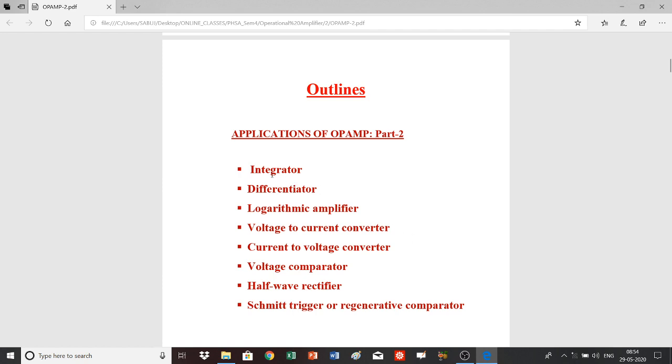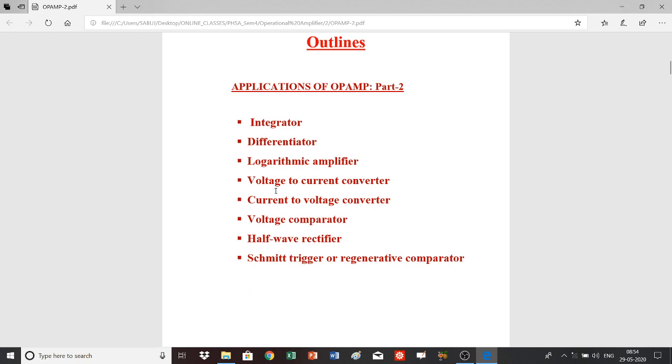First, we will discuss the application of OPAMP as integrator, then its application as the differentiator, then logarithmic amplifier. After that, we will learn how an OPAMP can be applied for voltage to current converter, and then current to voltage converter.